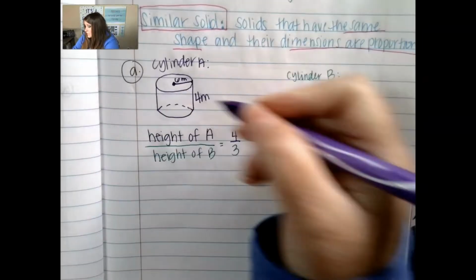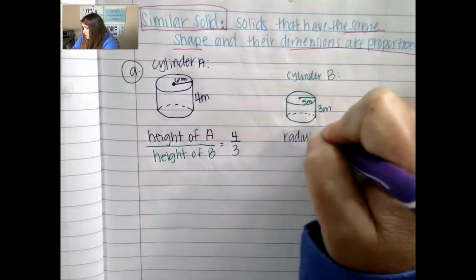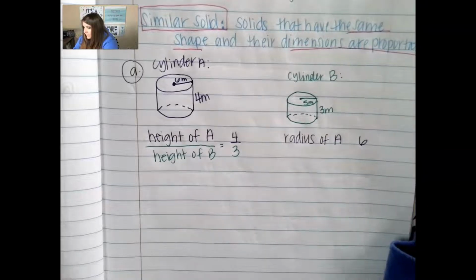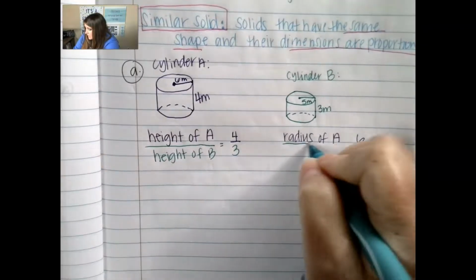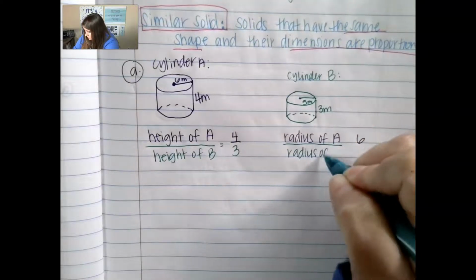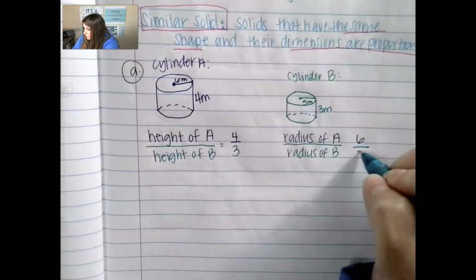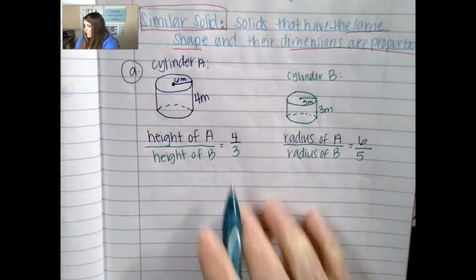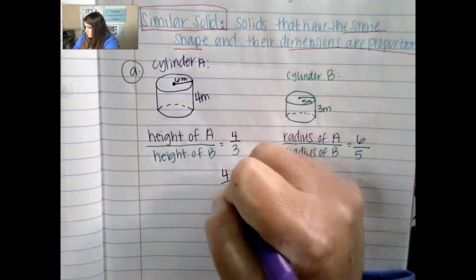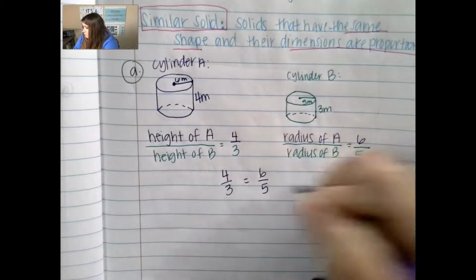So when we're looking at cylinder A, the radius of A is equal to 6, and the radius of B is equal to 5. So when we're looking at these two fractions, we have a fraction of 4 over 3 compared to 6 over 5.